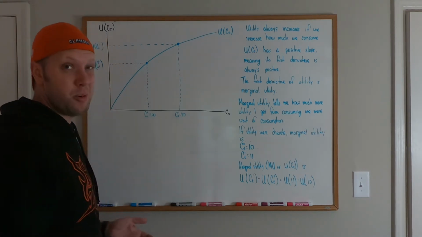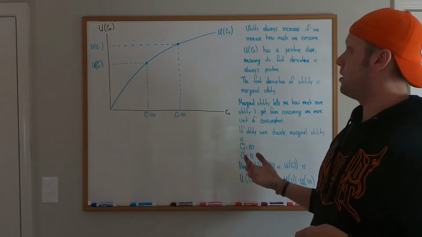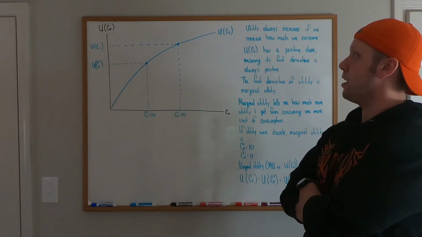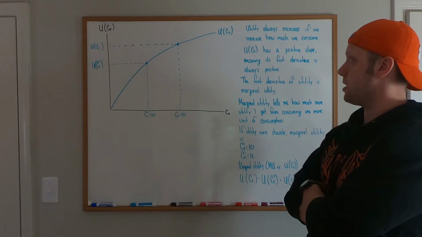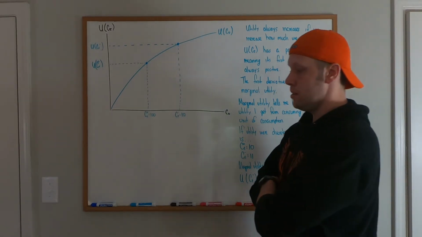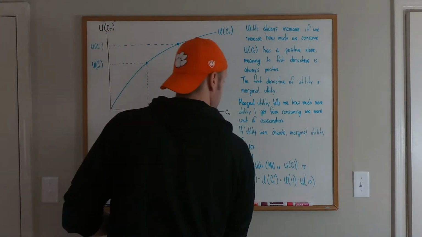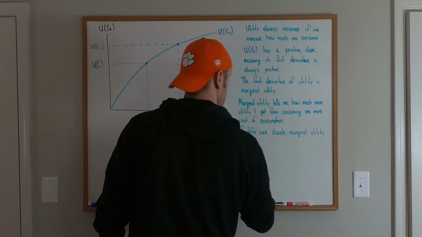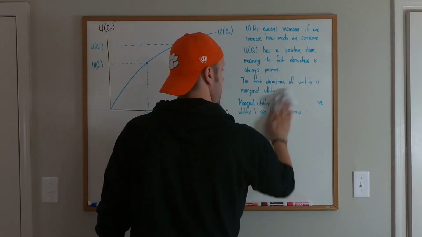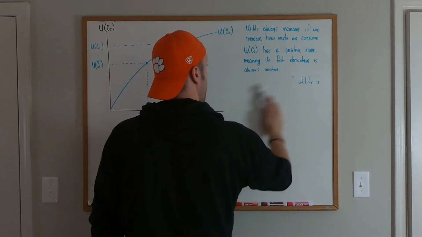Well, I don't know about you, I could think of easier ways to figure out what marginal utility would be if I'm looking at just this. Namely, if I knew what the utility function was, I could take its derivative and figure out what marginal utility is by just plotting it out on the graph.